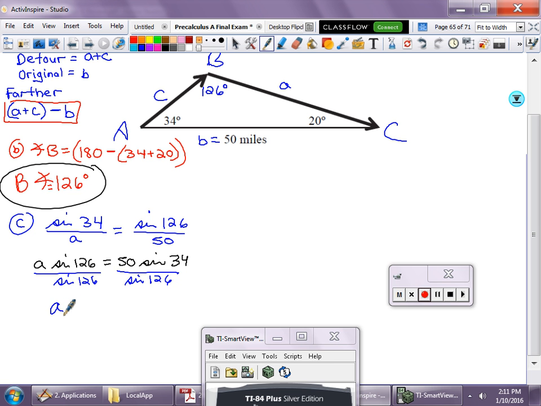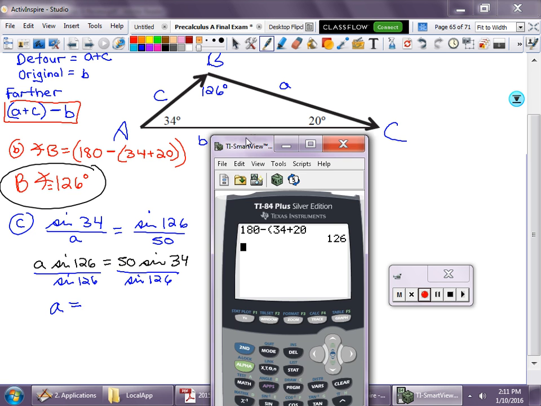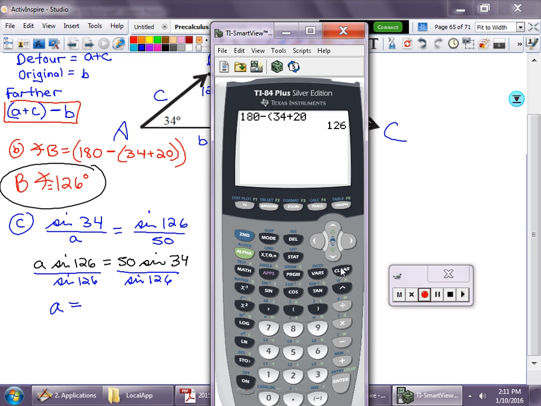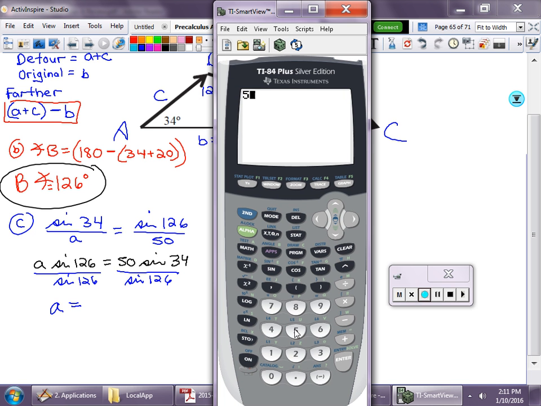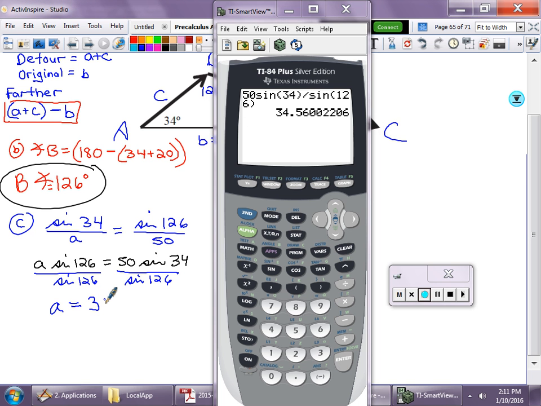And side A is going to be equal to whatever this says, 50 sine 34 divided by sine of 126, 34.56. That's our A.